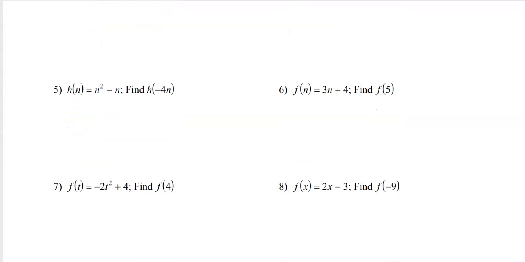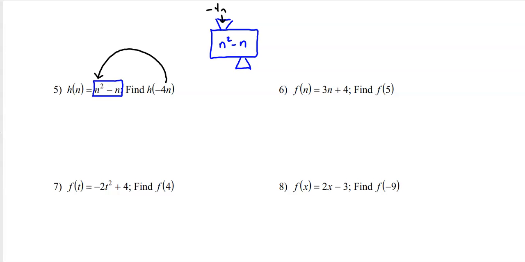Last one I'm going to do is number 5. The rest is going to be on you. So this last example, here's our rule. If you're thinking about the machine that we were doing earlier, the rule is n squared minus n. We need to drop a negative 4n into the machine, see what spits out.